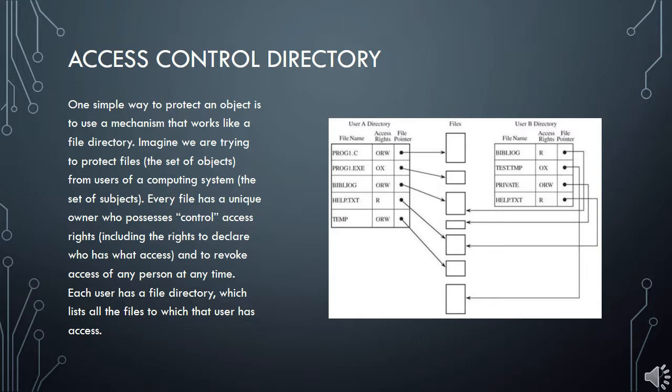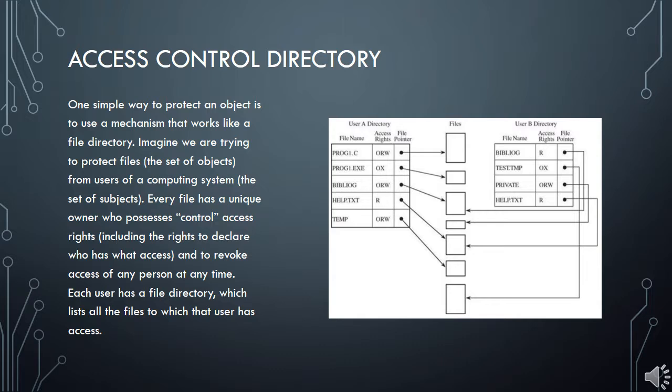As the picture shows, there is a list of files, and each user has their own access rights to specific file pointers. So the files get linked to every access right of each user.